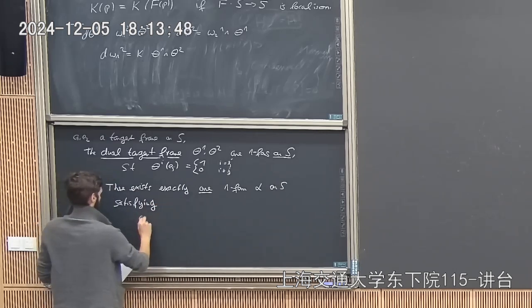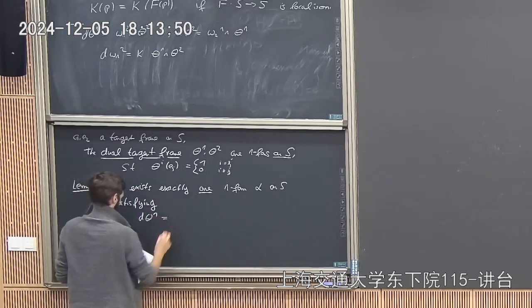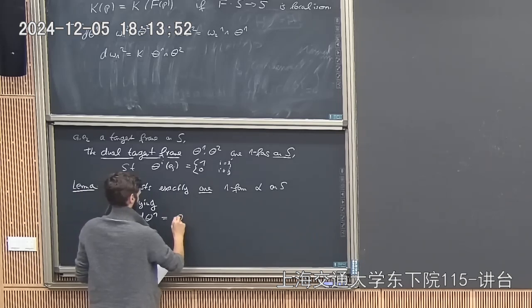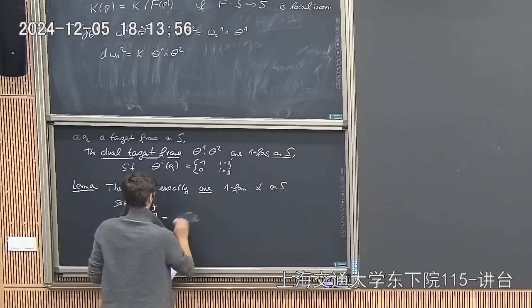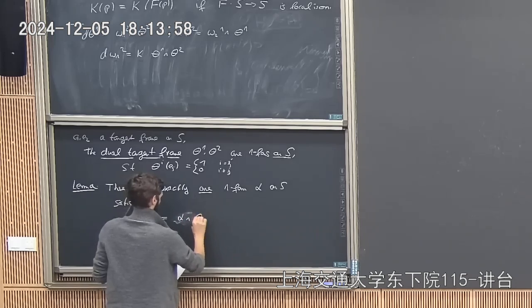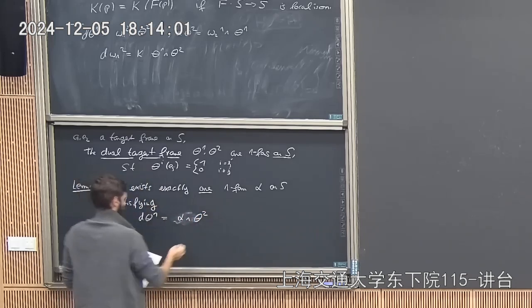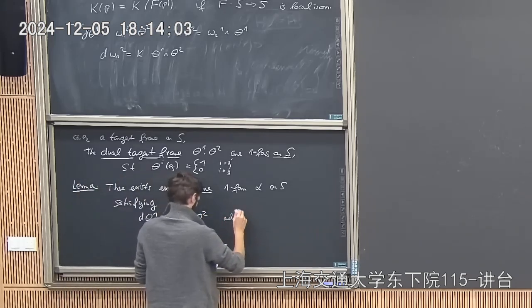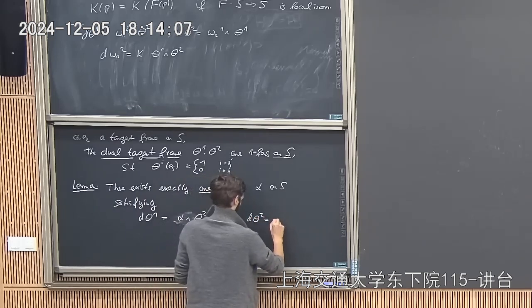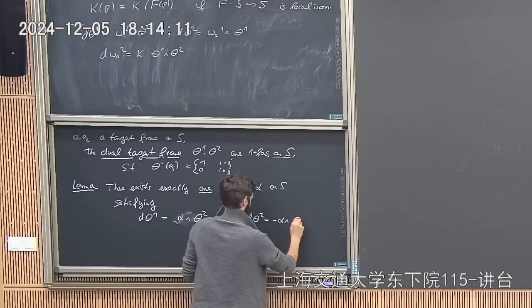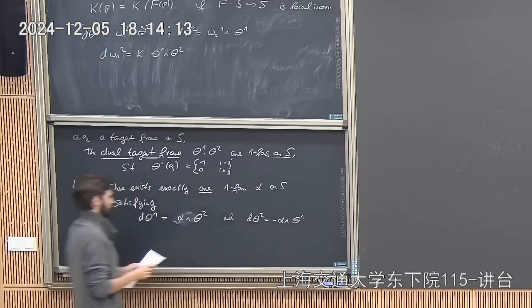these two equations: if you take d theta 1, we get a 2 form. This 2 form we would like to express as alpha wedge theta 2, and d theta 2 equals minus alpha wedge theta 1.